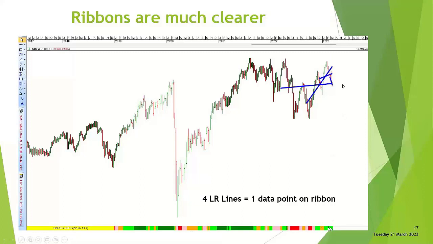This ribbon is formed from 4 linear regression lines for each point, so it represents 880 linear regression lines, and I don't think 880 lines on this screen would help you understand anything. Certainly not me.